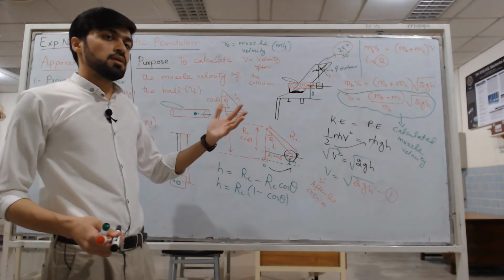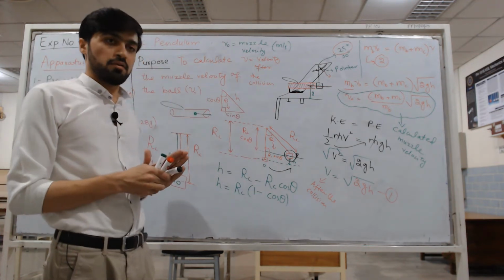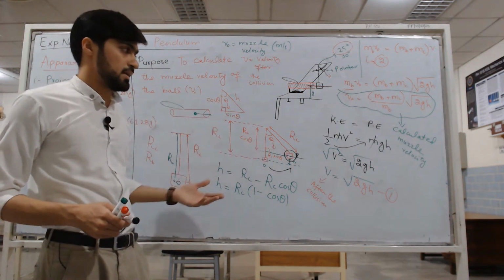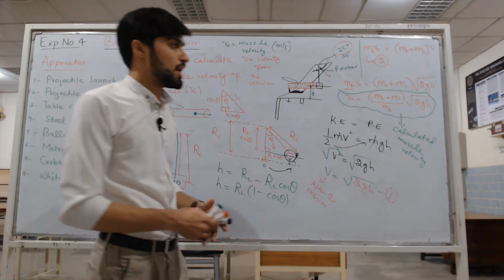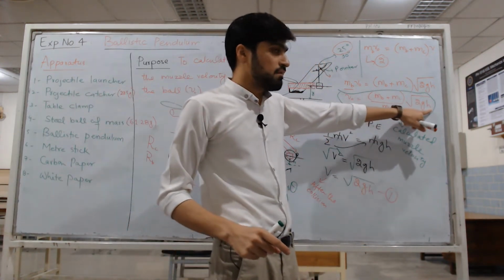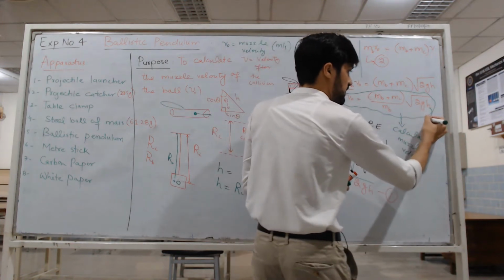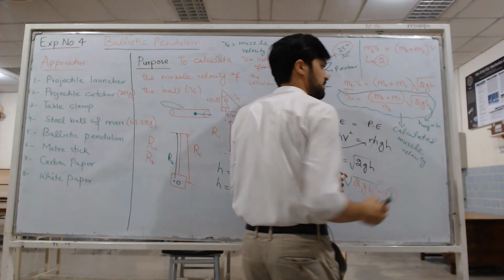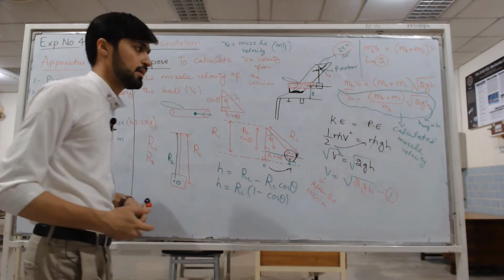We will be discussing a table, and in that table we will calculate h for different trials, and then we will take the average. Keep in mind, this h is the average value. You will not do it for just a single trial.